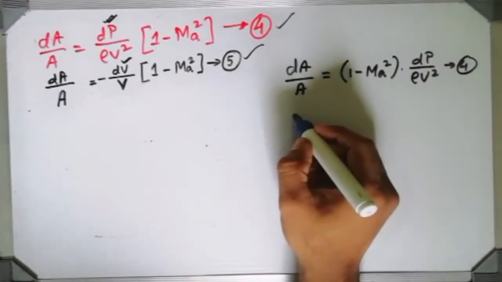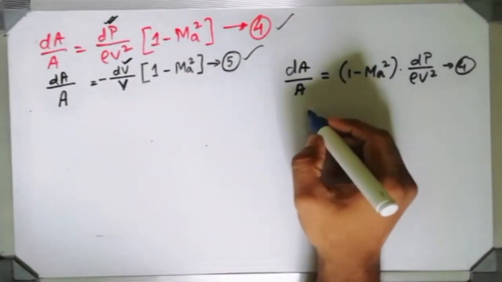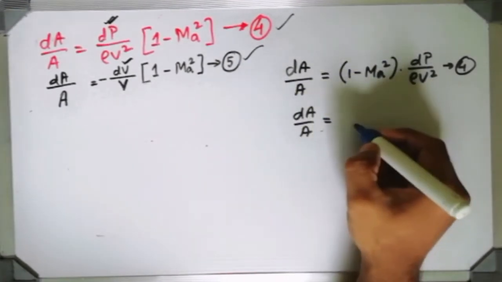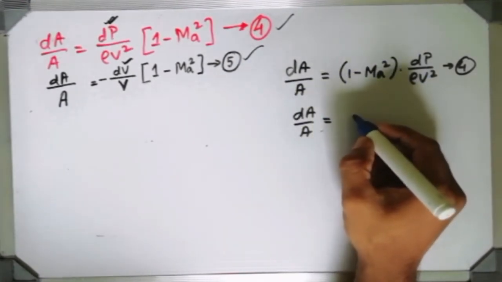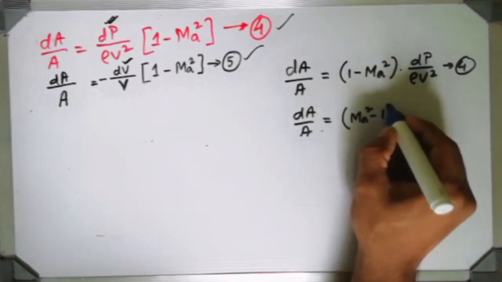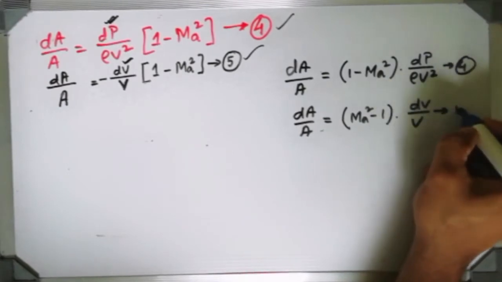And for the 5, this minus I am putting inside, so it will look like this, dA by A is equal to Ma square minus 1 into dv by v. That is equation number 5.